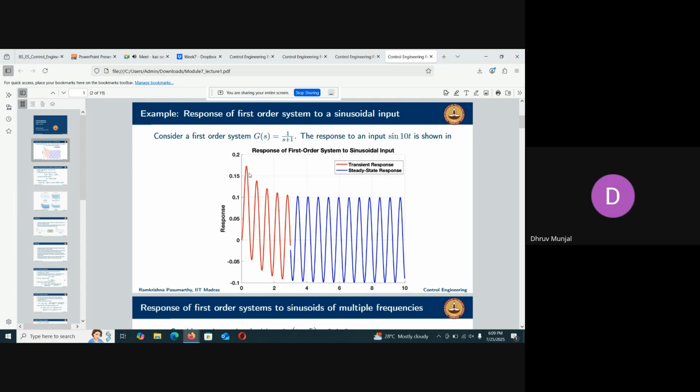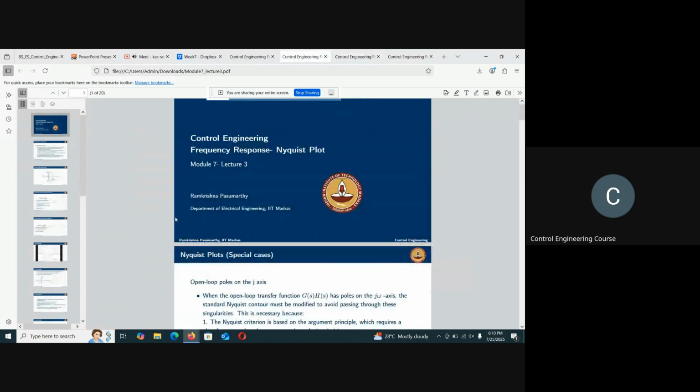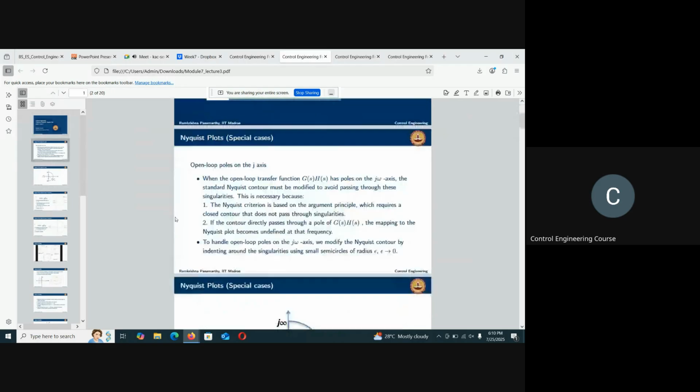Till Nyquist stability criteria. Okay. Till where here?